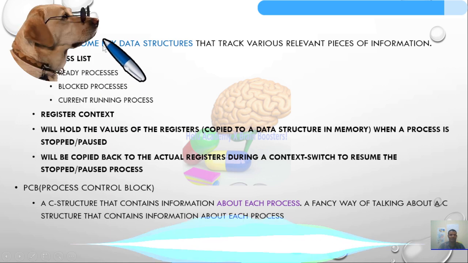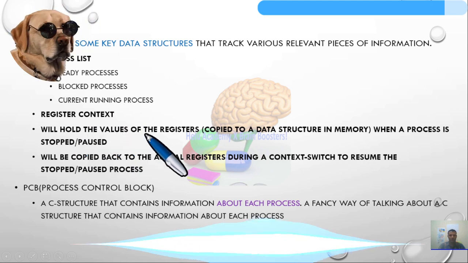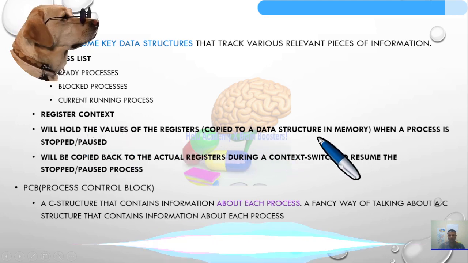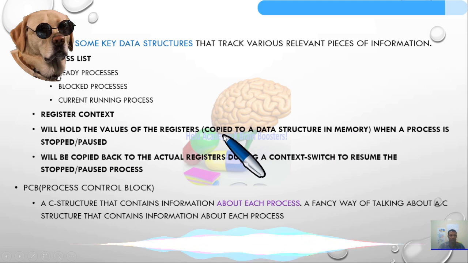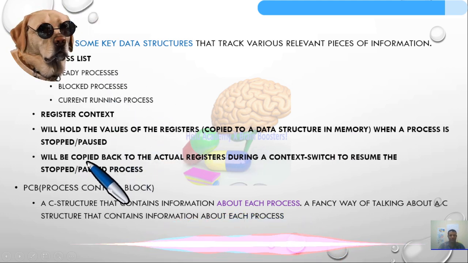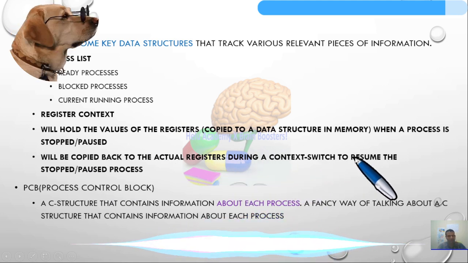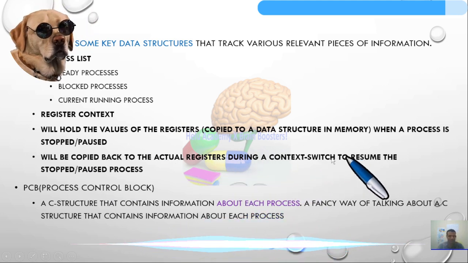So the operating system has data structures. Register context will hold the values of the registers copied to a data structure in memory. When a process is stopped or paused, everything will be recorded, and will be copied back to the actual registers during a context switch to resume the stopped or paused process.